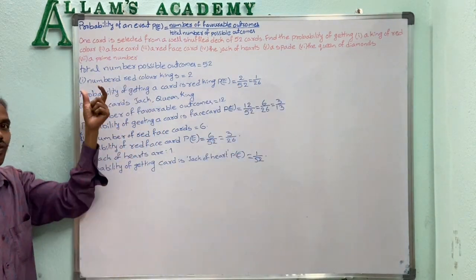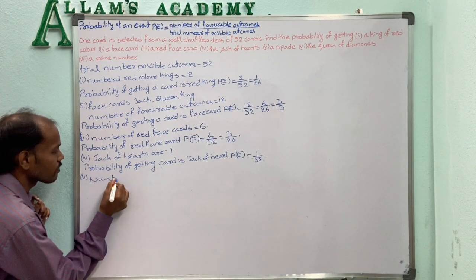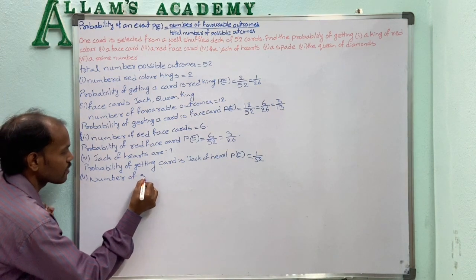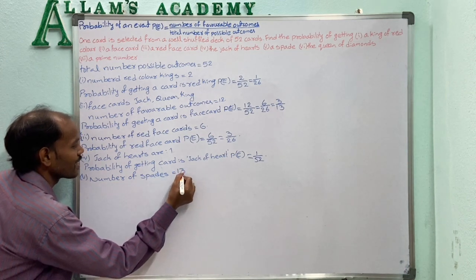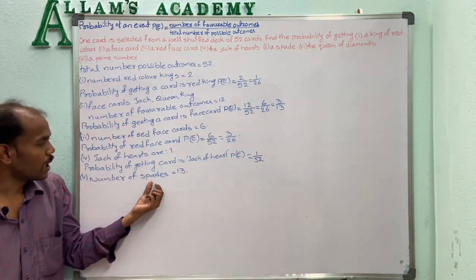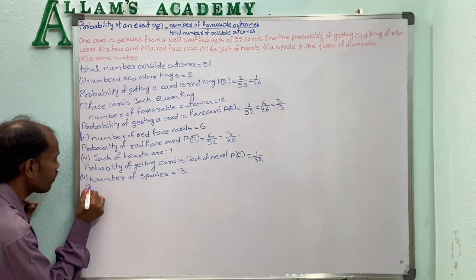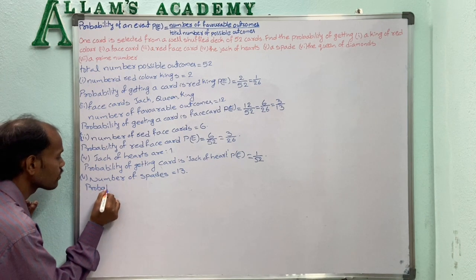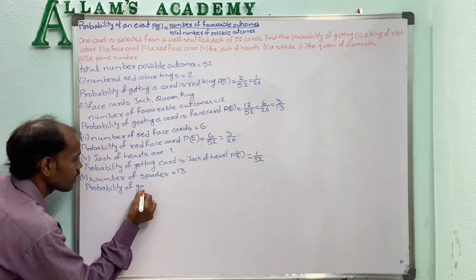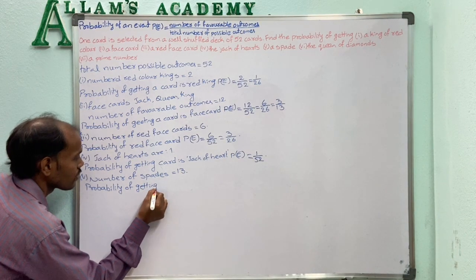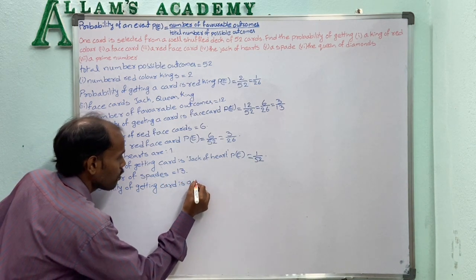In the deck of cards, the number of spades is 13, so the number of favorable outcomes is 13.